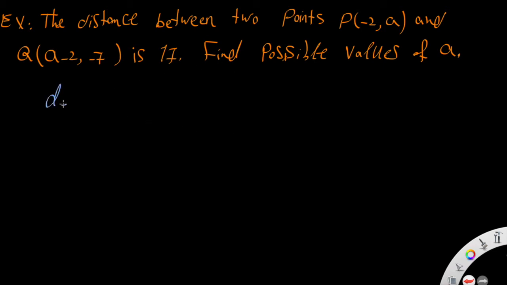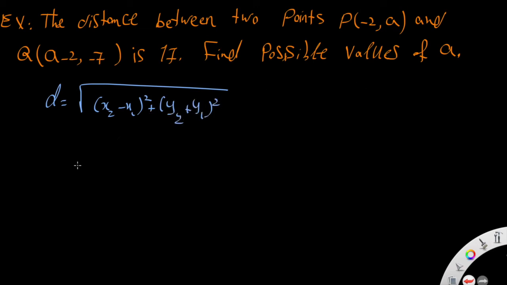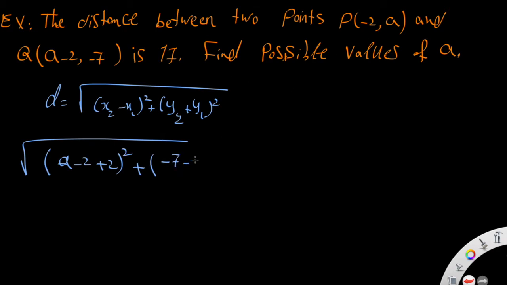What was the distance formula? It was root of (x2 minus x1) squared plus (y2 minus y1) squared. Now x2 minus x1, so it will be root of (a minus 2 minus minus 2, which is plus 2), so a squared, plus (minus 7 minus a) squared is to be 17.